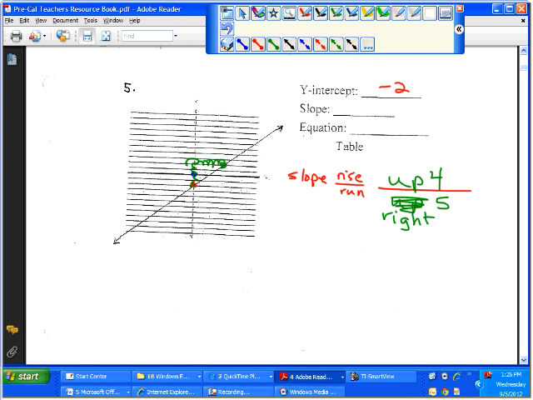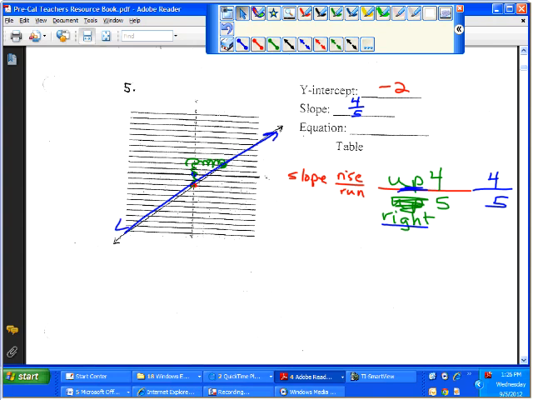Is up positive or negative for y? Up is positive, so it's a positive 4. To the right is positive for x, so it's a positive 4 over positive 5. So my slope is 4/5. And we know that lines with positive slopes lean to the right, and lines with negative slopes lean to the left.